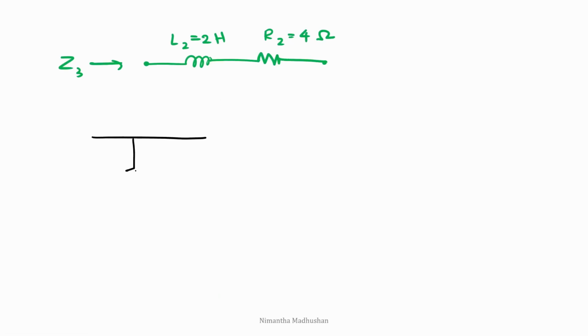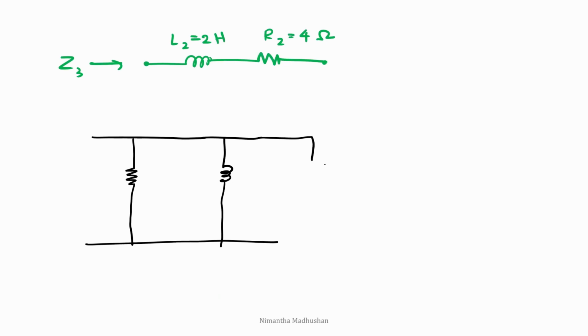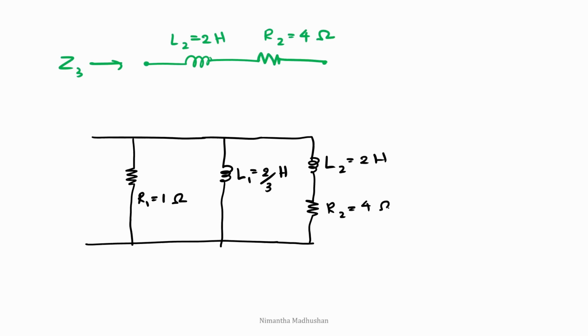The first element is a resistor, and the second element is an inductor, and the final element is a combination of inductor and resistor. We can draw it like this. R1 is equal to a 1 ohm resistor, L1 is equal to a 2 over 3 Henry inductor, L2 is equal to a 2 Henry inductor, and R2 is equal to a 4 ohm resistor.